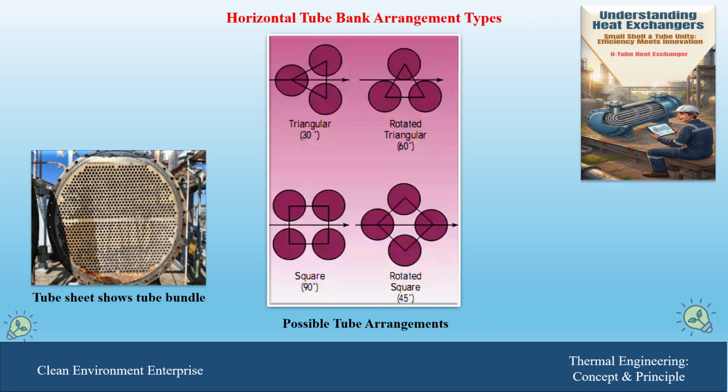And the triangular is usually at an angle of 30 degrees, and it could be rotated to have the shape on the figure top right side, and usually it is rotated to have an angle of 60 degrees.